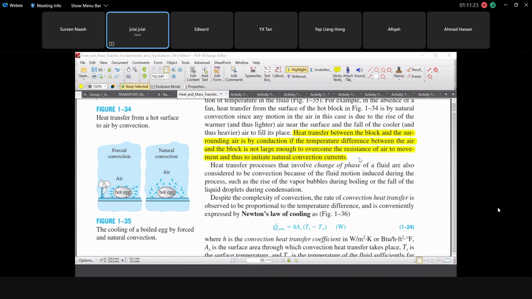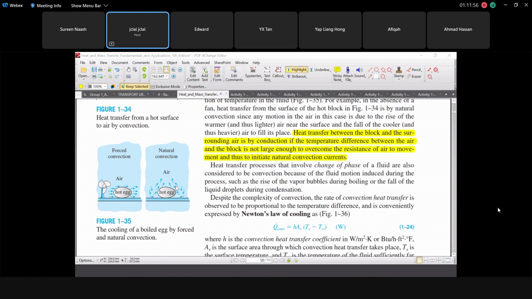We know there are two types of convection. One is forced convection, as you can see in this figure 1-35. Forced convection is easy to understand because the air is forced to move by an external force. In natural convection there is no external force, but the air moves because of the difference of density, the buoyancy effect.